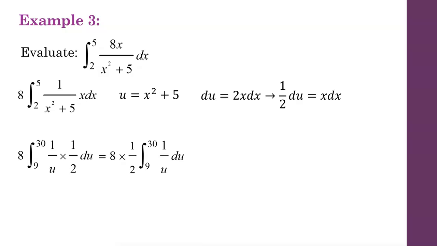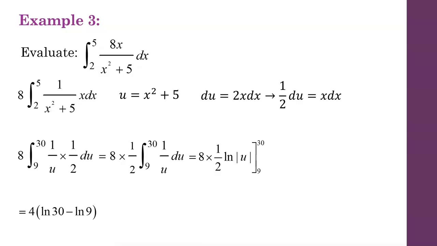So 8 times 1/2 is 4. And the integral of 1 over u du, we know from the previous section and from our derivative rules, is going to be the natural log of u. So I end up with 8 times 1/2 natural log of u, and we still have to evaluate that between 9 and 30.